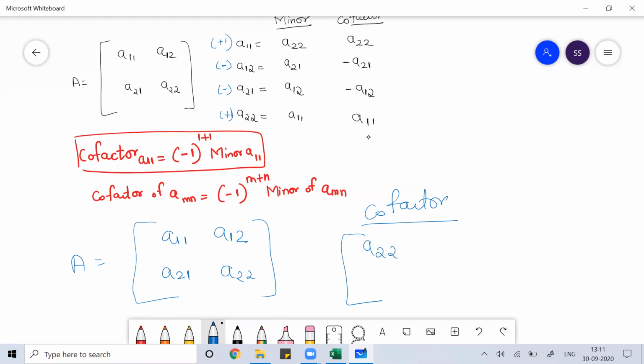The cofactor of a12 is minus a21. The cofactor of a21 is minus a12, and the cofactor of a22 is a11. That's it. Remember this. I hope you have understood this.